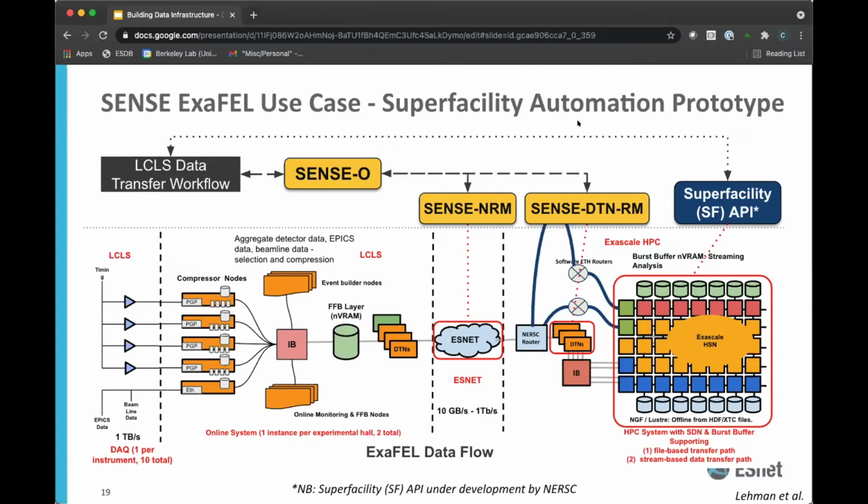Where the Sense system controls the network and the DTNs, the superfacility API allows you to manage computing. And so we're hoping to demonstrate this year where the data workflow is able to coordinate the network, disk, and compute resources.